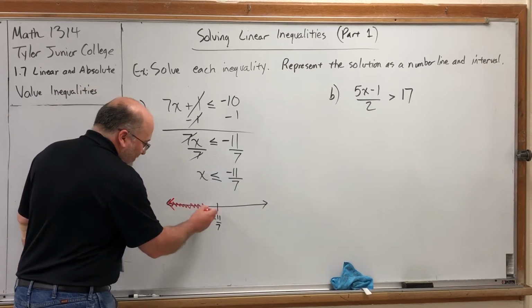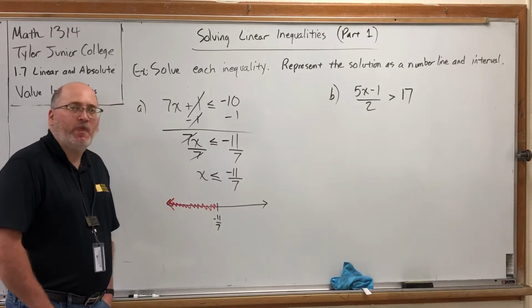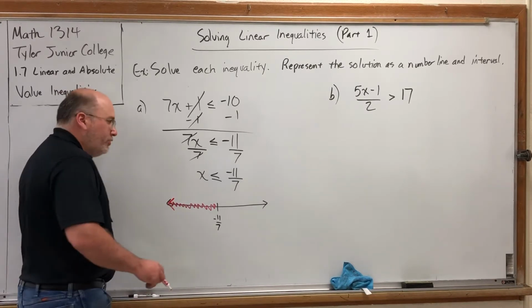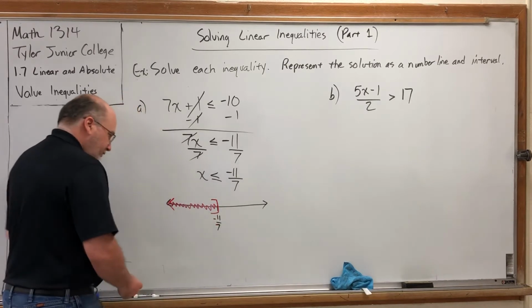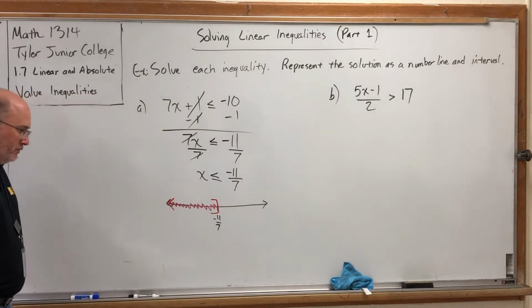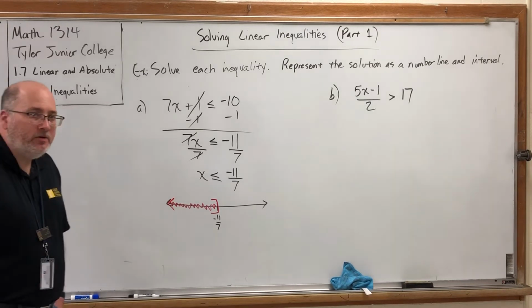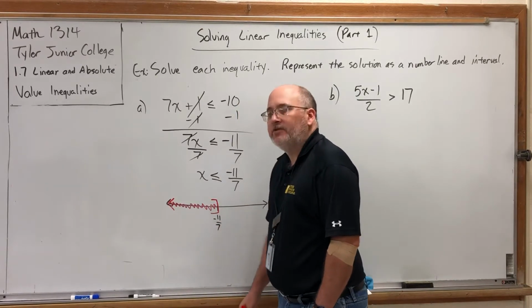But what about at the negative 11 sevenths? Bracket or parentheses? Because it says or equal to, that includes negative 11 sevenths in the solution, so we use a bracket. That was easy. So what's the interval? From left to right, how far does this go to the left?